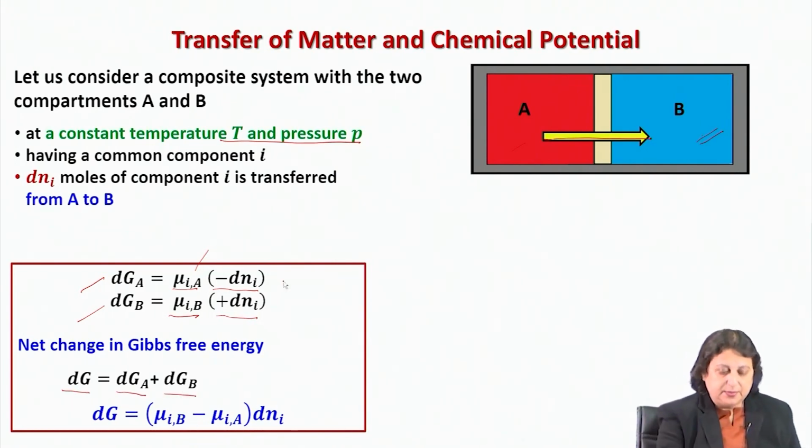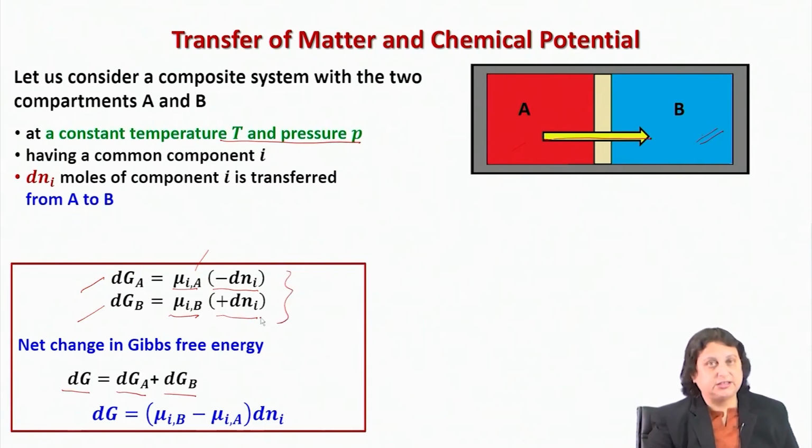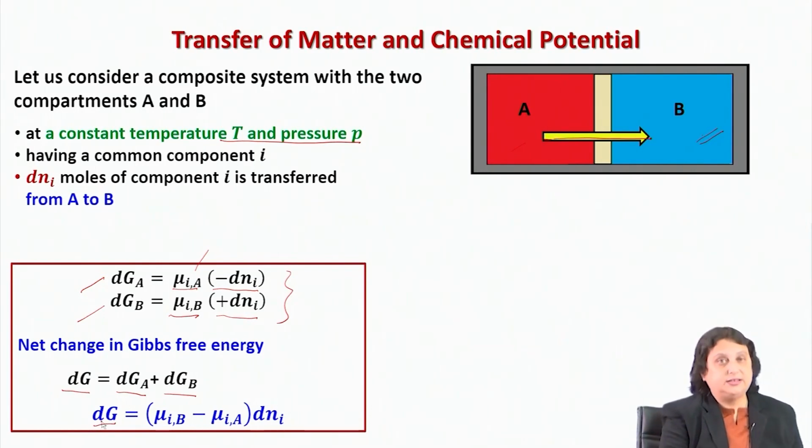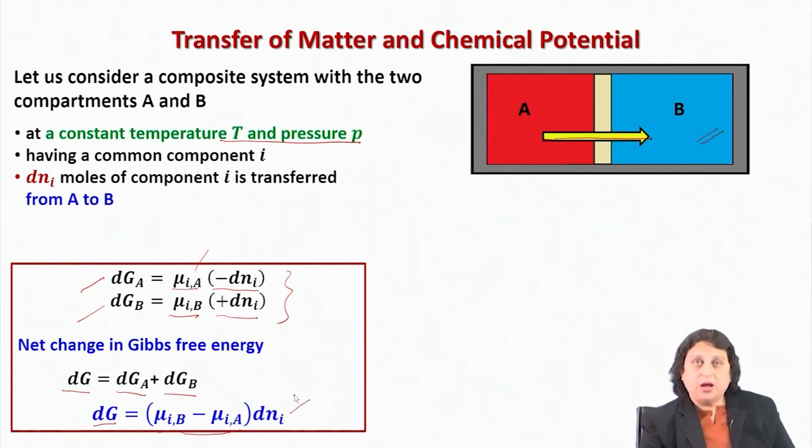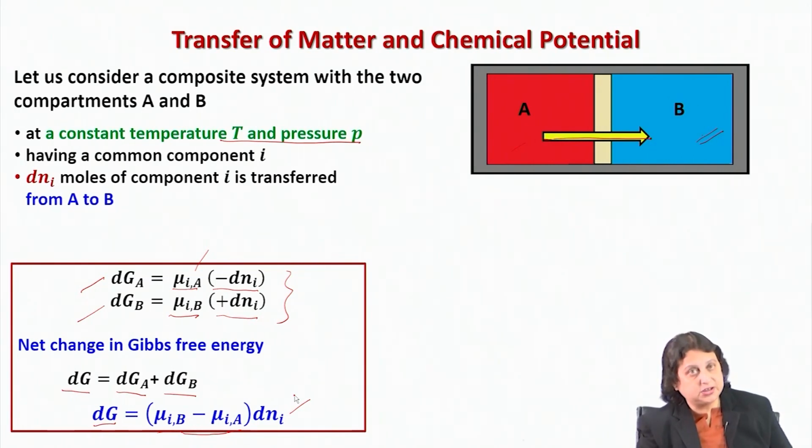And by combining these two expressions, I can say that dG is equal to mu IB minus mu IA into dni. So now you see that we are looking at a process which is resulting in a net change in the Gibbs free energy at a given temperature and pressure.